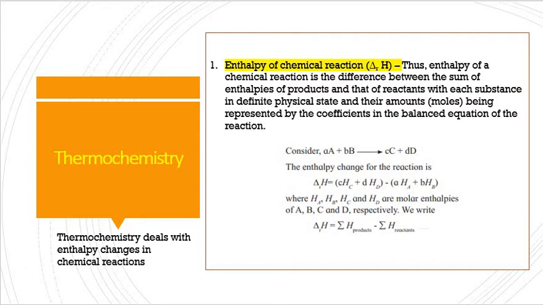We can say the enthalpy change of a chemical reaction is the difference between the sum of the enthalpies of the products and that of the reactants, with each substance definite in physical state and in its moles, and it should be represented by the balanced chemical equation of a reaction. So delta RH is equal to the summation of enthalpies of the products minus the summation of enthalpies of the reactants.